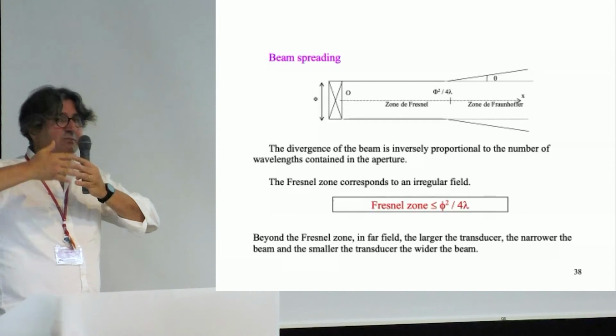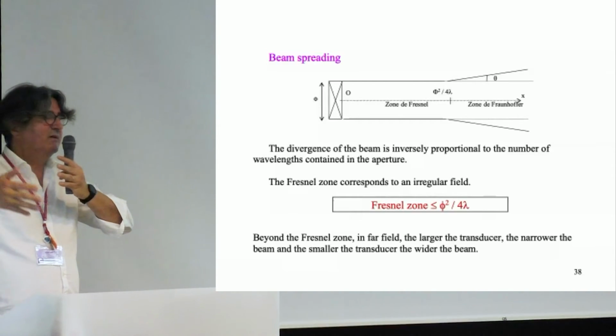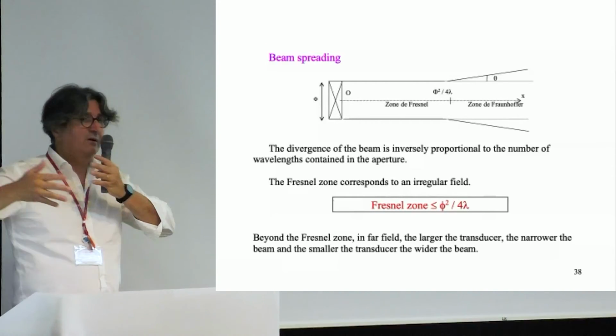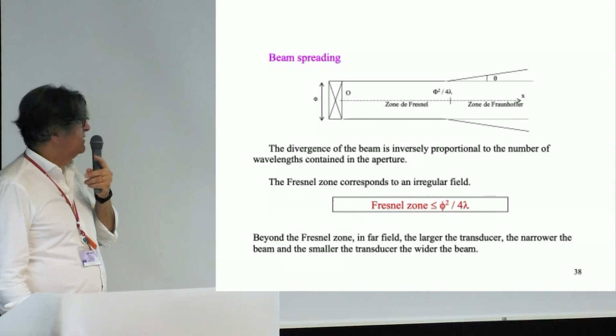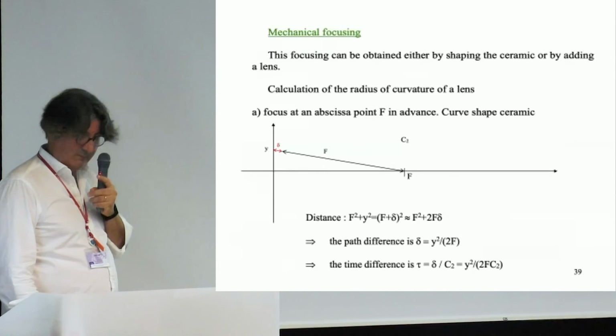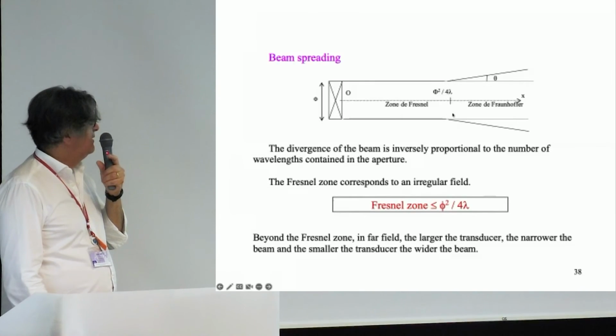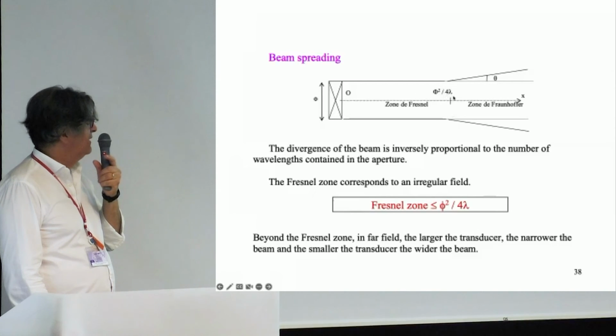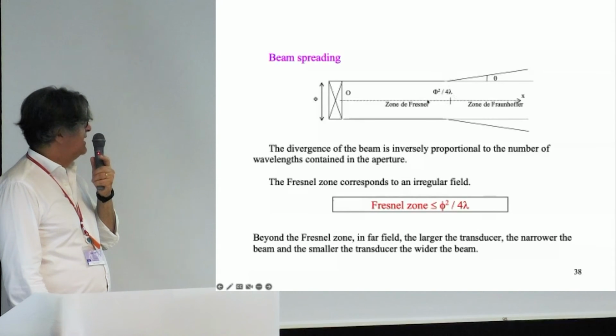And as it becomes smooth, you enter the Fraunhofer region. There is a limit that separates the Fresnel zone from the Fraunhofer zone, given by the diameter divided by 4 times the wavelength.